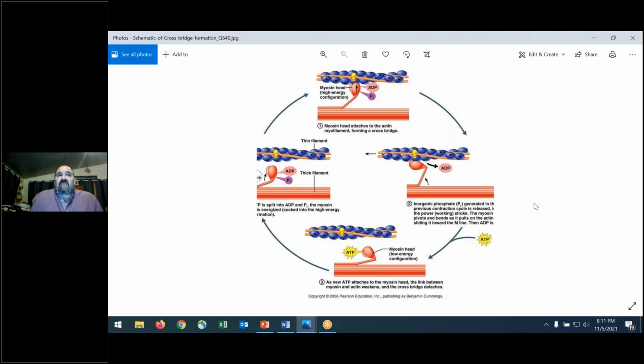There's muscle contraction taking place and it's stuck. There's no ATP present to release the myosin heads from the actin. So we have a sustained contraction, sustained cross bridge formation, which would be like an isometric contraction.